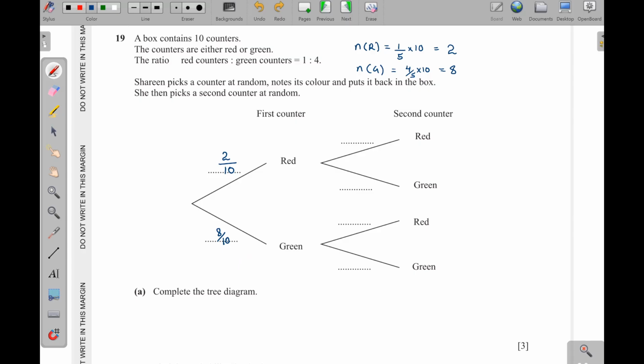Then you have replaced, that means the reds are still 2 over 10. Green, they are still 8 over 10. I said this one can be simplified to 4 over 5. This one can be simplified to 1 out of 5.